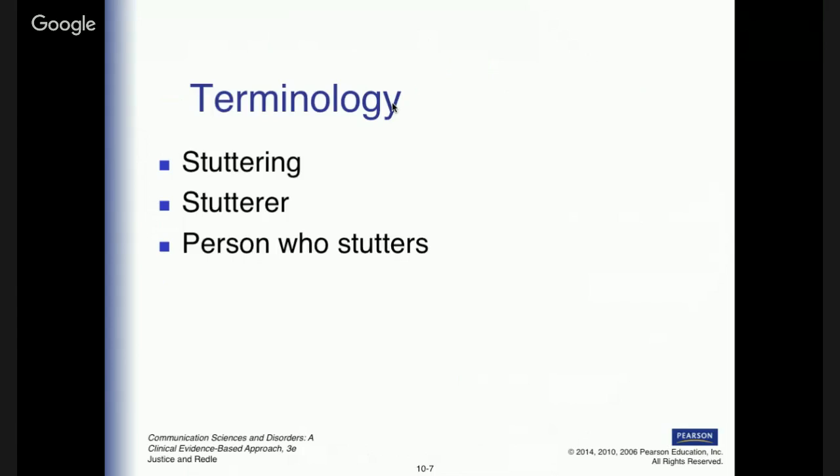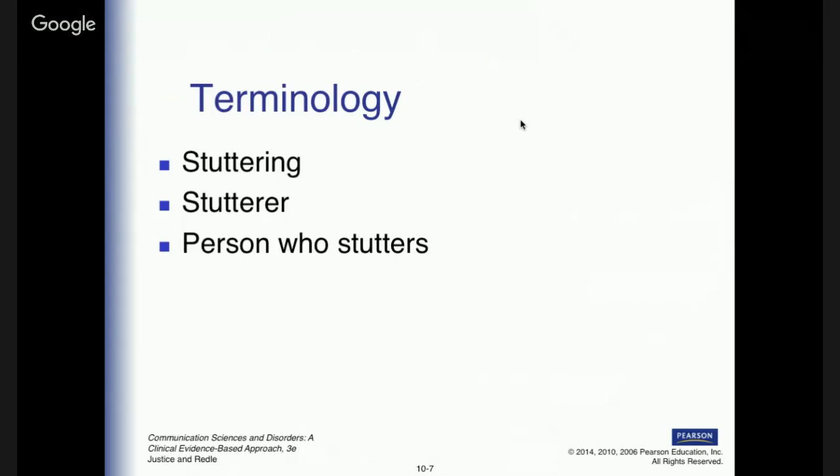In the 90s, people got very into using person-first wording, so that someone isn't a stutterer, they're a person who stutters. Someone isn't autistic, they're a person who has autism. Because having that person in front of that, focused on this is a person who happens to have this thing.